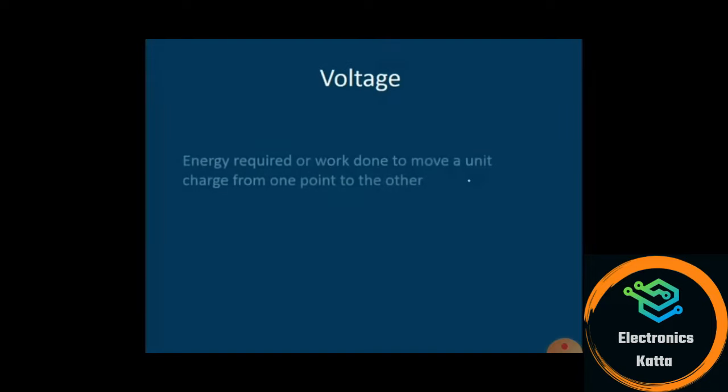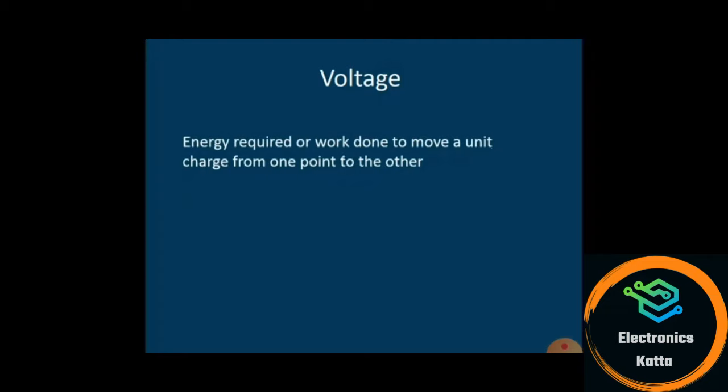Voltage can be defined as the energy required, or work done, to move a unit charge from one point to another. Let's say we have 2 points A and B, and at point A we have 2 coulomb of charge. To move 2 coulomb of charge from point A to B, let's say we require 2 joules of energy.